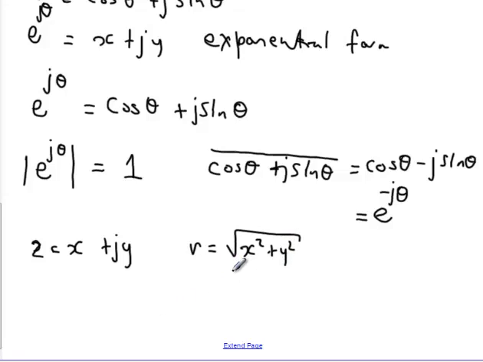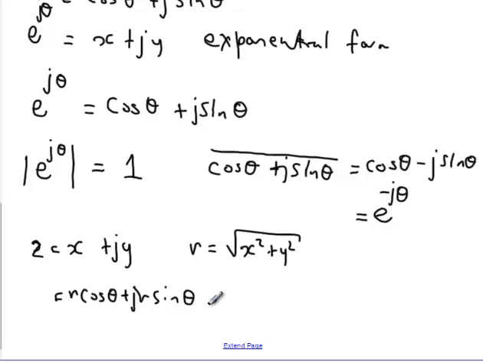Then this number, we can now take this number as r cosine theta plus j r sine theta. Are we there, all of us?